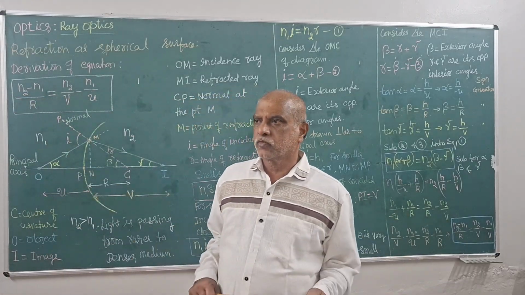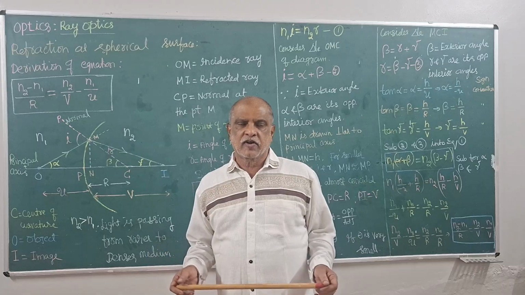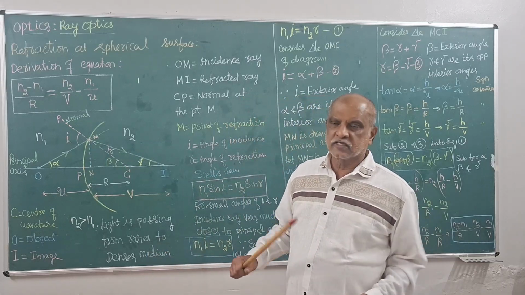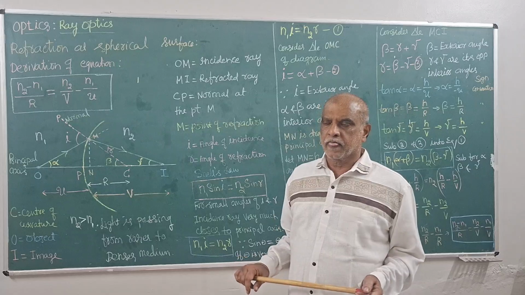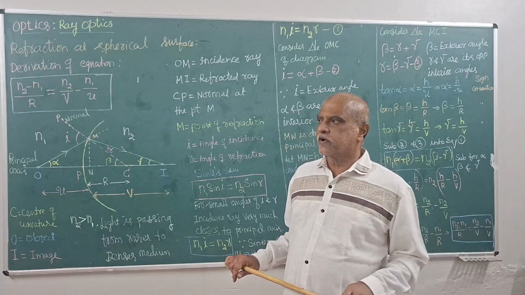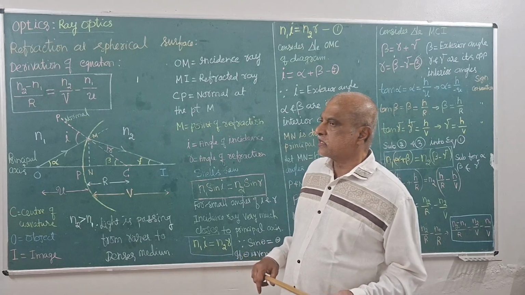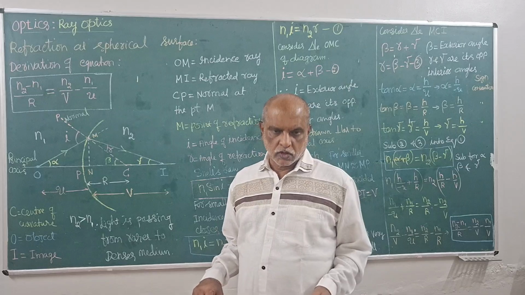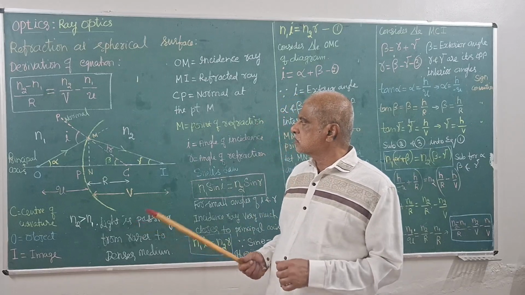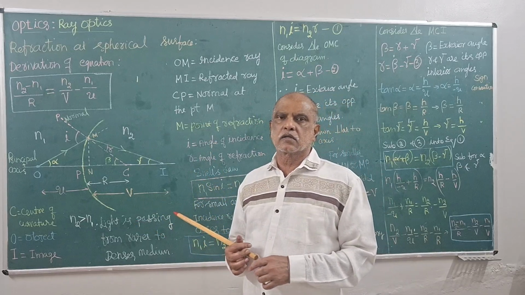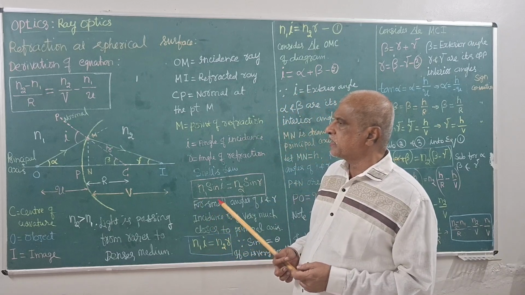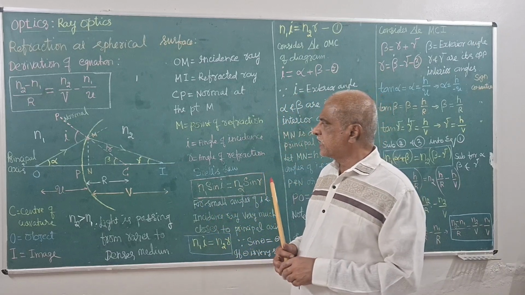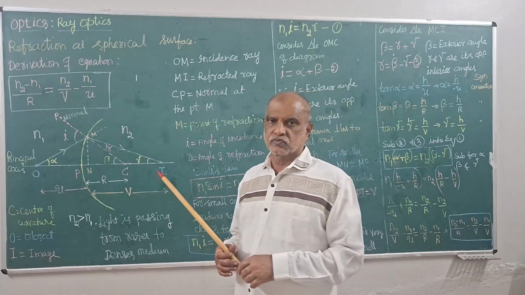Having dealt with refraction of light at the plane surface, we shall now examine the refraction of light at a spherical surface. It is the diagrammatic illustration of refraction of light at a spherical surface.